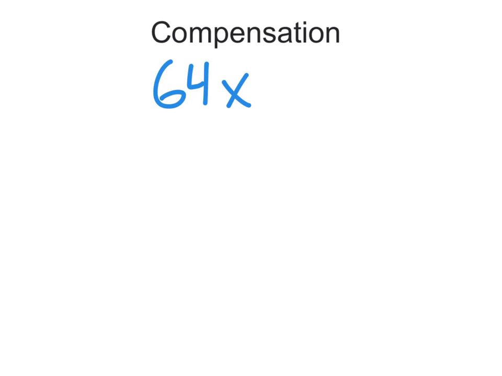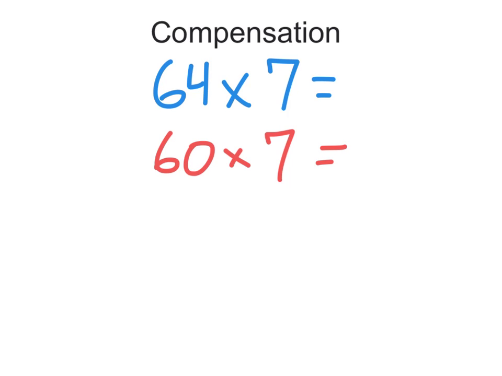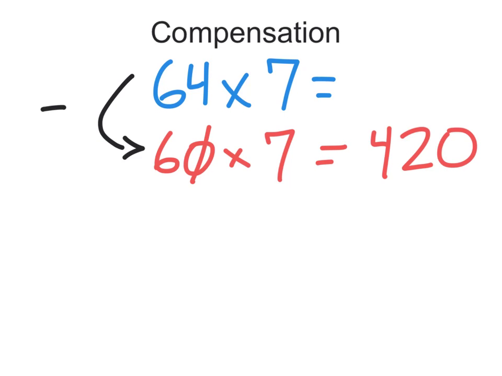64 times 7. Well, a number that's a multiple of 10 that's close to 64 is 60. So I'm going to use 60 times 7. And I do my strategy. Excellent. Now you'll notice that to get from 64 to 60, we subtracted 4 groups of 7.